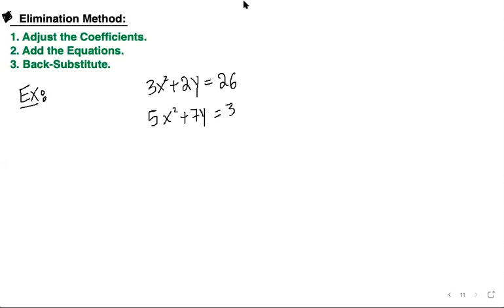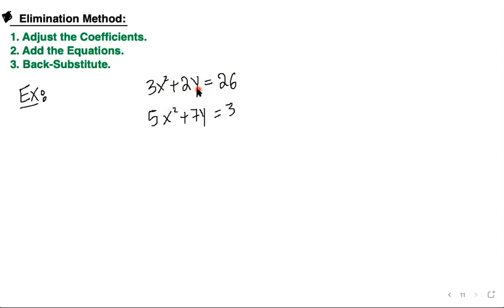So first step, I have to do adjustment for the coefficient. You start thinking which variable would you like to eliminate? Which variable would you like to cancel? The x or the y? Isolate the y, it's easier.